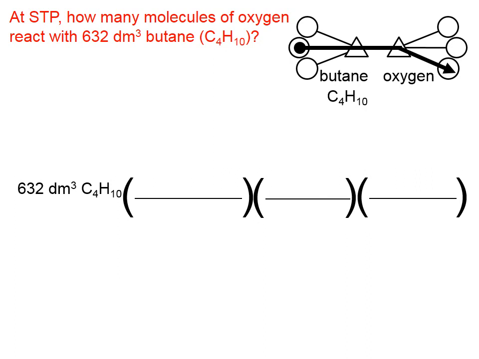The first conversion factor has 2 quantities in it: 1 mole of butane and 22.4 cubic decimeters of butane. We know that the 22.4 cubic decimeters of butane have to go in the denominator so that those units will cancel. Now we need to cross the middle bridge, and to do that we need a balanced equation. So we have to step aside and write a balanced equation.